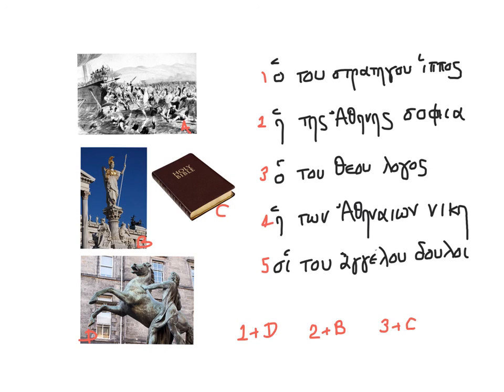Now you haven't yet met the word Athenaion, which means of the Athenians, but you do know that nikee means victory. So a bit of educated guesswork can match together 4 and A. That means that 5 is the odd one out. There's no picture for this. What does it mean? The slaves of the messenger, or I'll say the messenger's slaves. And well done if you got those right.